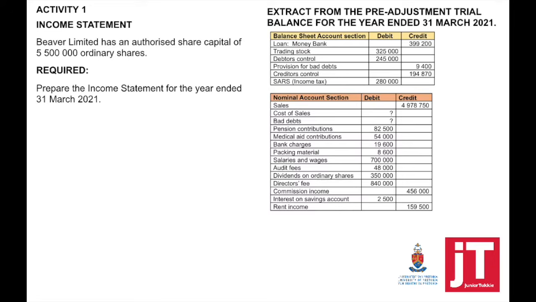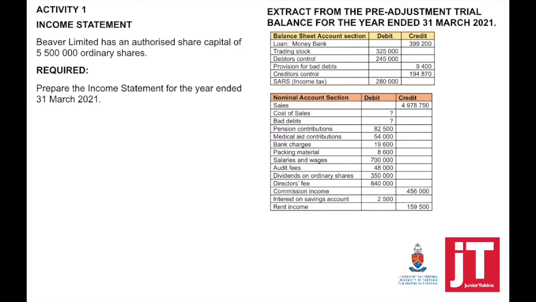Beaver Limited has an authorized share capital of 5.5 million ordinary shares. Required, prepare the income statement for the year ended 31 March 2021. If our accounting period ends 31 March 2021, it means it starts the 1st of April 2020.